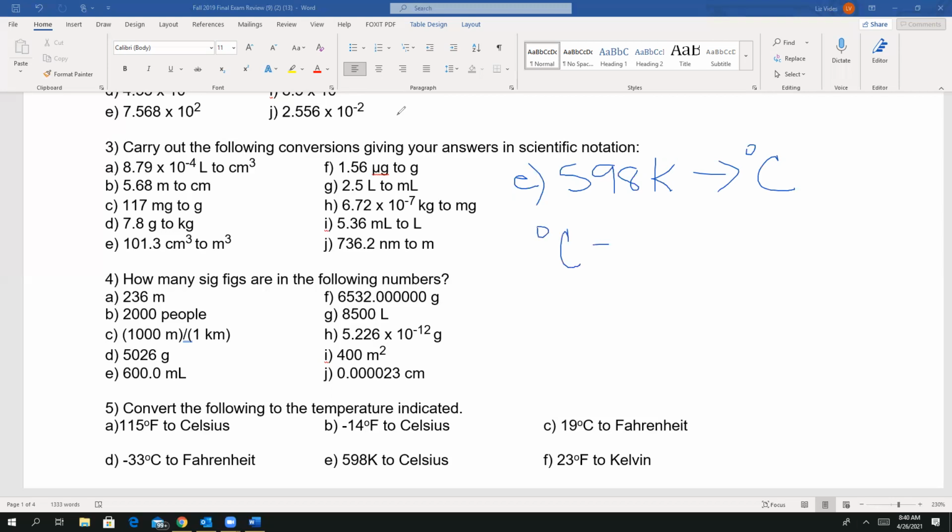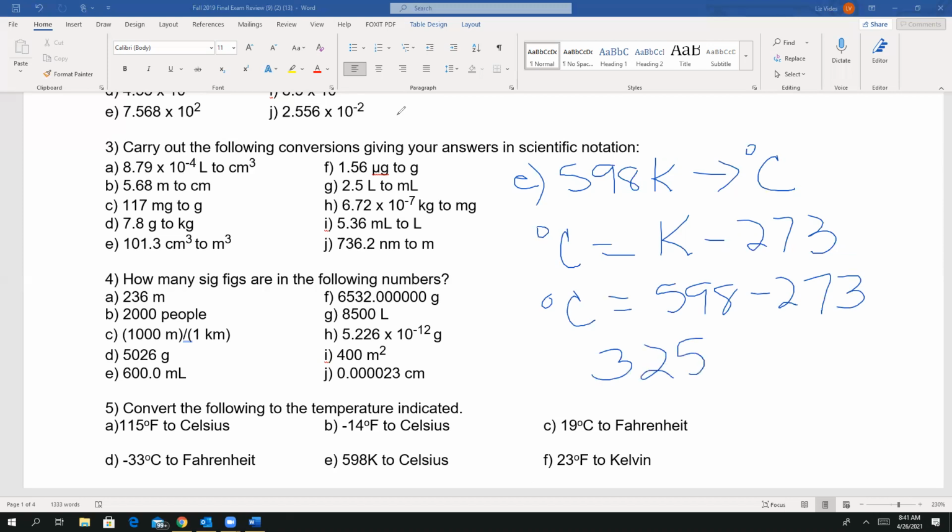So Celsius is going to be equal to your Kelvin minus 273. So in this case, it's going to be 598, right? Minus 273. And that is 325 degrees Celsius.